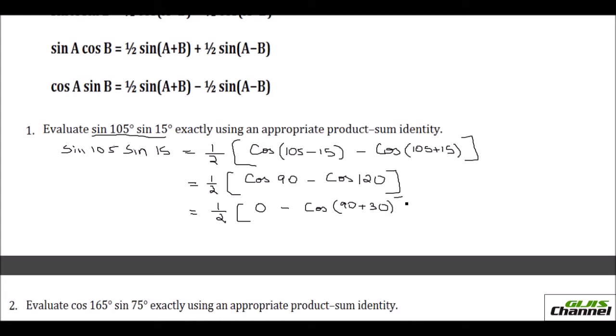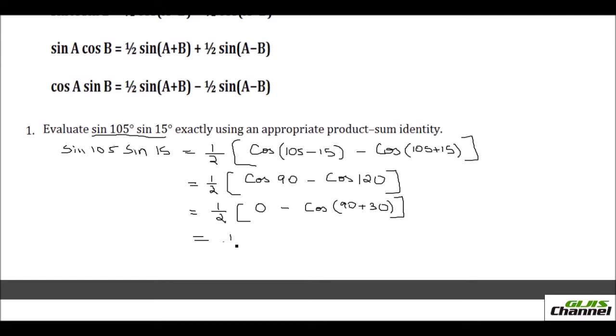Since it is 90 here, the cos will have to change to sine. You have a negative sign, and this cos becomes sine 30. And 90 plus is in the second quadrant, and in the second quadrant only sine and cosecant are positive. Since here it is cos, you will have a negative sign here.